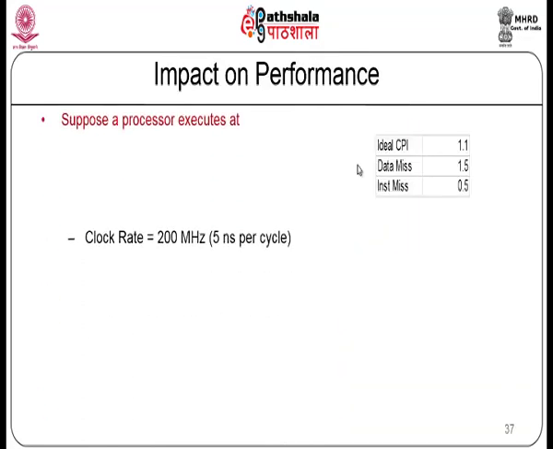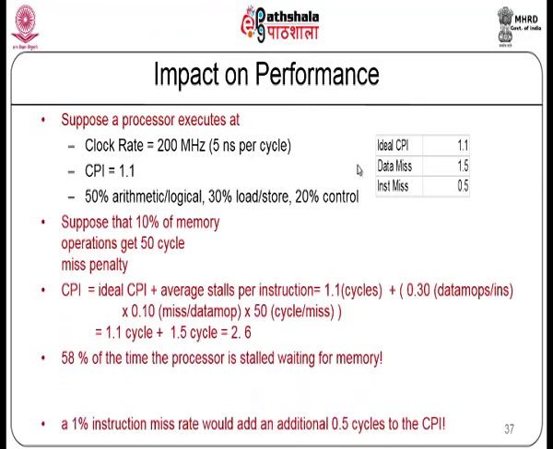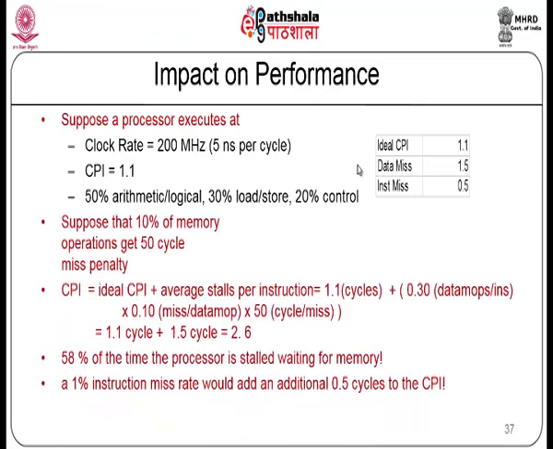Now, to show you an example of the impact on performance, this example gives you details of the clock rate and your original CPI value. It is shown that 50% of the instructions are arithmetic logical instructions, 30% are load store, and 20% are control. And assume that 10% of the memory instructions are memory related operations, and they get a 50 cycle miss penalty.